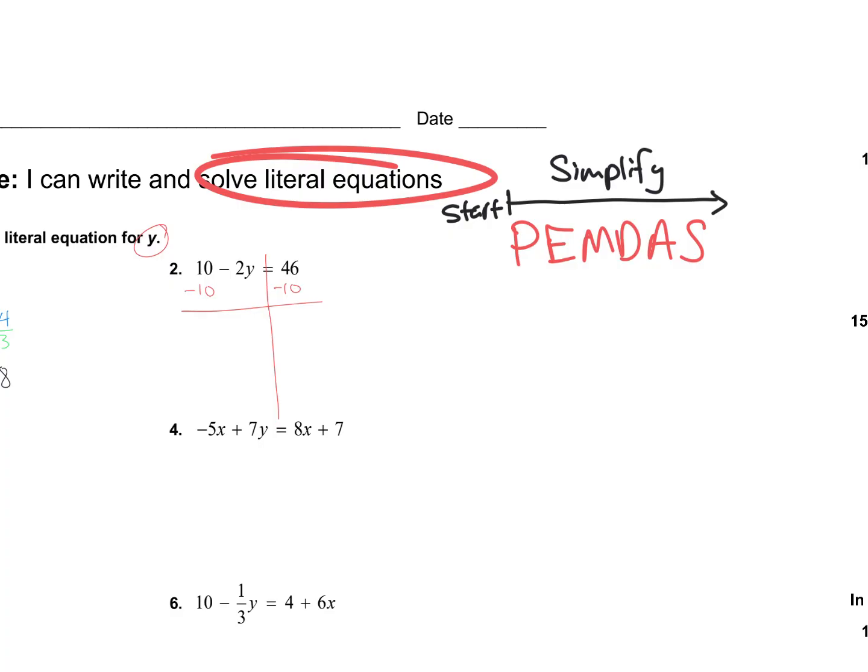If we are ready to solve, then now we start here and go this direction. We solve by doing the opposite.